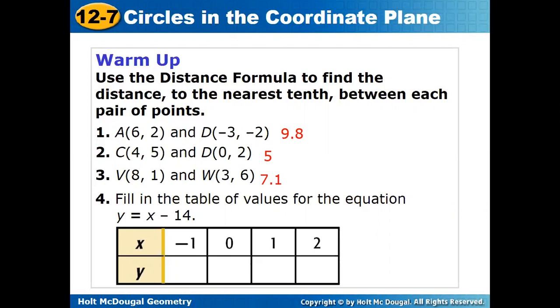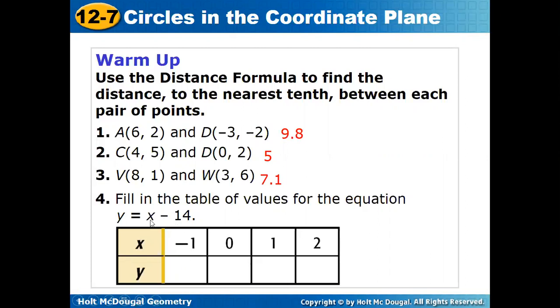The fourth question: fill in the table of values for the equation y equals x minus 14. We know that this function is a linear function. Yes. So if we replace x and put -1, it will be -1 minus 14, which is -15.